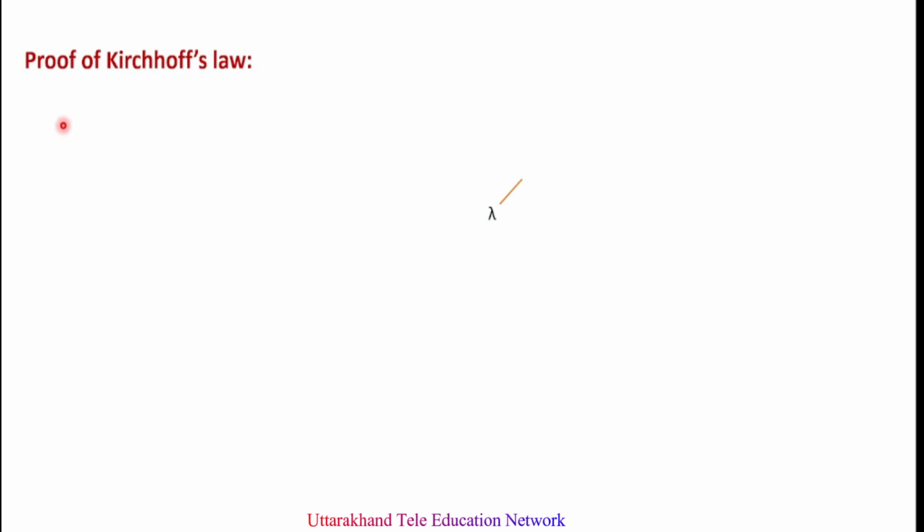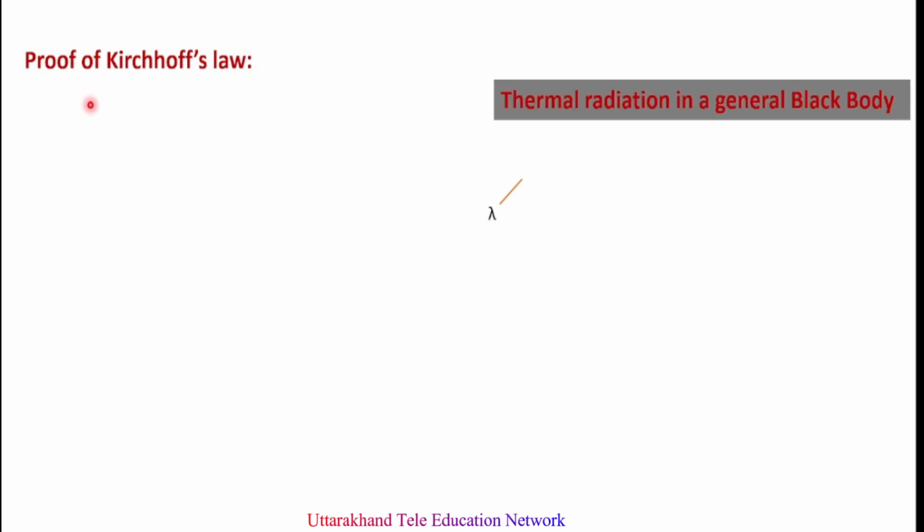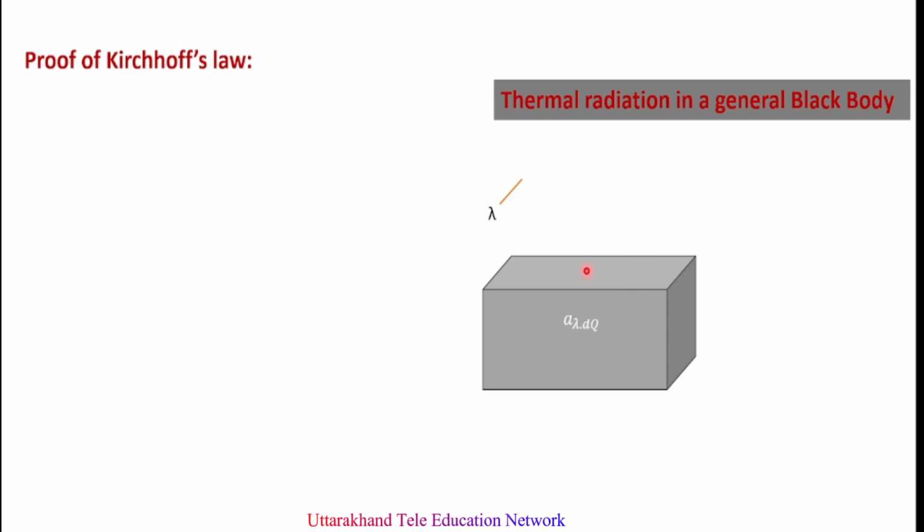This is the derivation, the proof of Kirchhoff's law. First we consider thermal radiation in a general body. This is our general body, and we take 1 centimeter square area, per unit surface area, and this amount of radiation is dq, in the range between lambda and lambda plus d lambda.